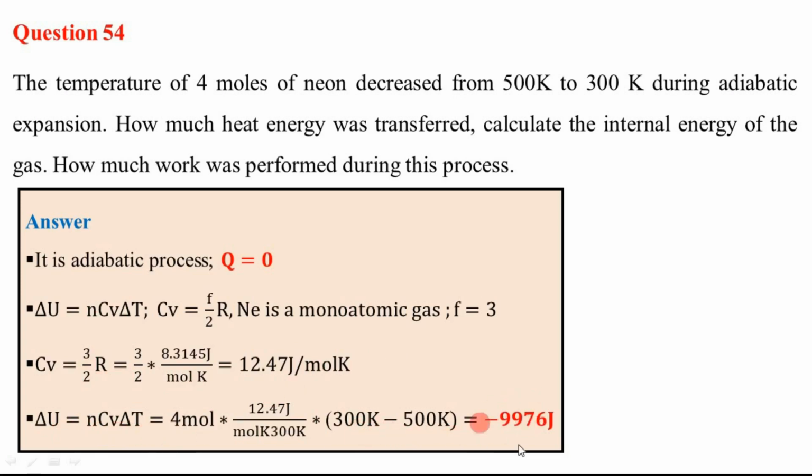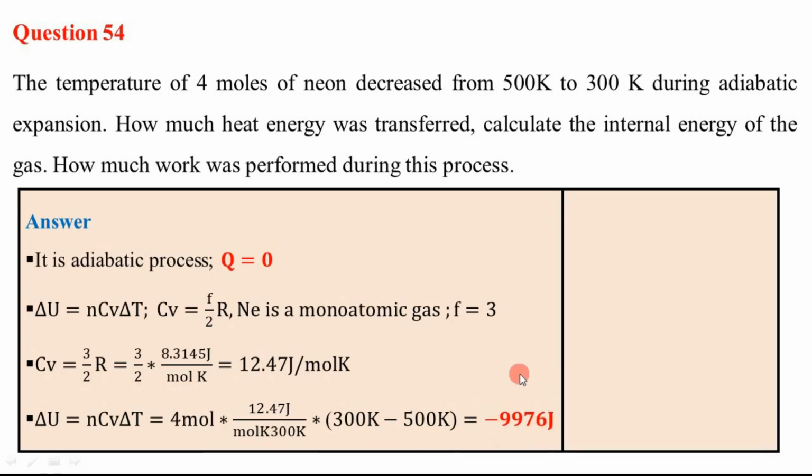We see that the internal energy is negative. The work done also should be negative, because in an adiabatic process the heat is 0 and the work done is equal to the internal energy.